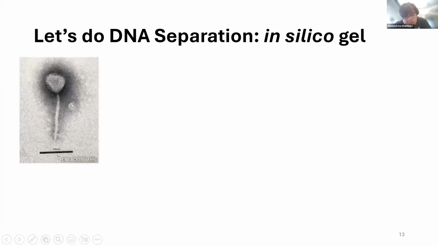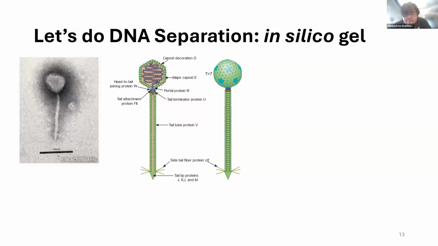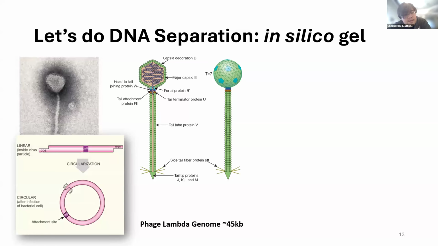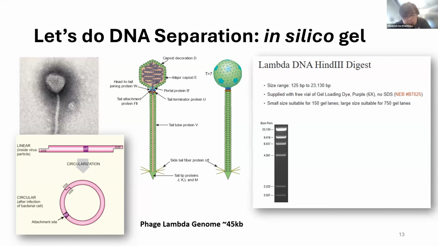So this is another thing that we are trying to provide as a practice. These are the phage T7 that we showed on day one of our presentation. In this phage, the way they were encoding this structure is by this DNA genome, this phage lambda.